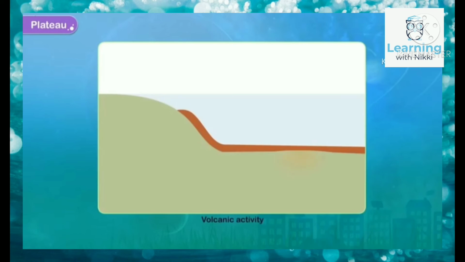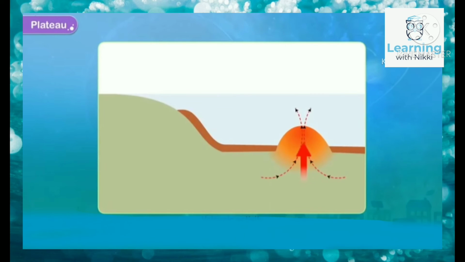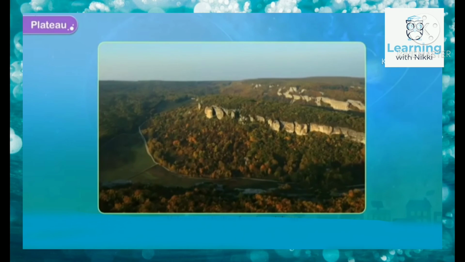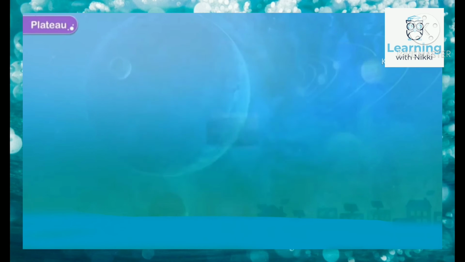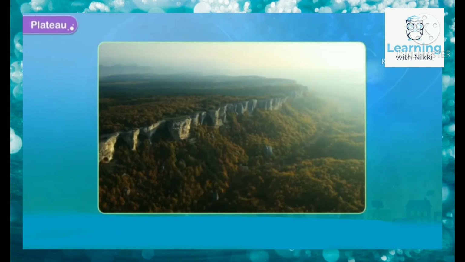In areas of frequent volcanic activity, magma or lava cools over the landform. This continues for many years, and sometimes plateaus are also formed. Such plateaus typically have raised and flat surfaces with sharply edged valleys.